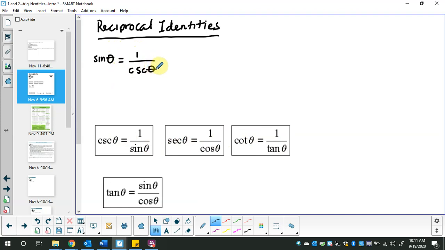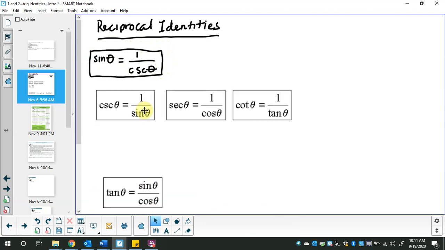and sine theta is equal to 1 over cosecant theta. So this box is one of the 6 that need to go on your resource sheet. Memorize them if possible. And you might notice that it's not a heck of a lot different than this one. So those two are linked together, so I don't have much problem. If I memorize one of them, I can actually get the other.